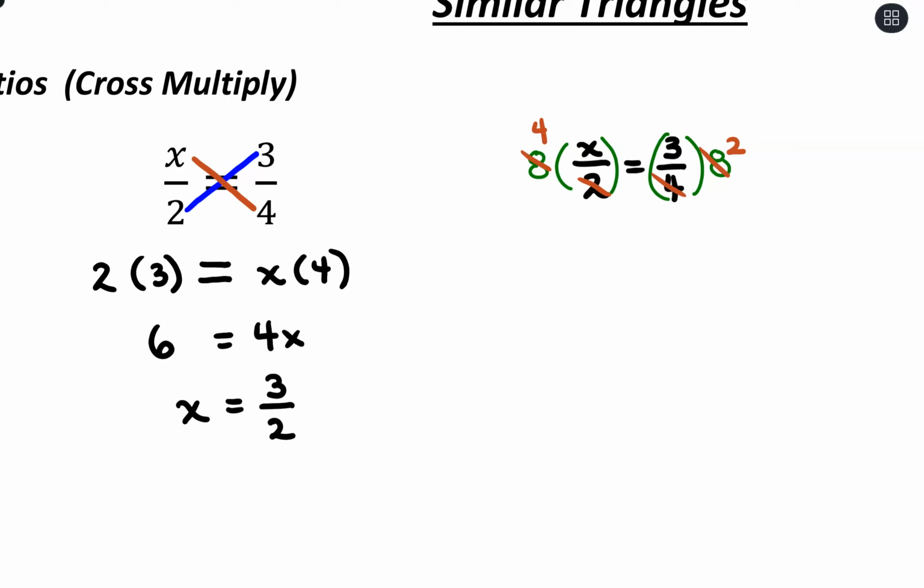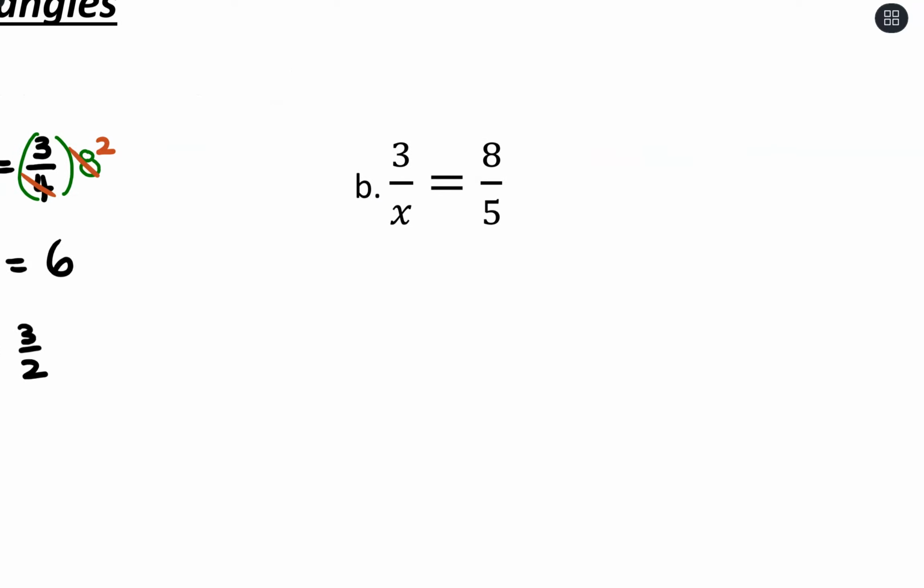And what you can see is we end up at that spot right there. We're going to have a 4 times x on one side and a 2 times 3 on the other side. So both ways absolutely work, and you'll get to the same exact answer.